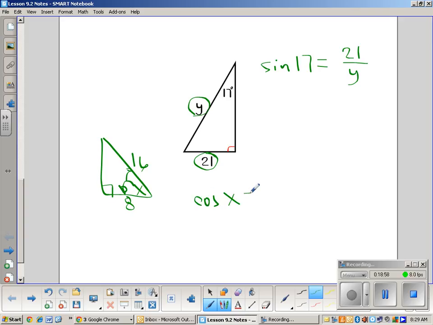Nice. Cosine x equals 8 over 16. How do I solve? X equals inverse cosine of 8 over 16. Again, that's going to be second, but not tangent, second cosine. Okay?